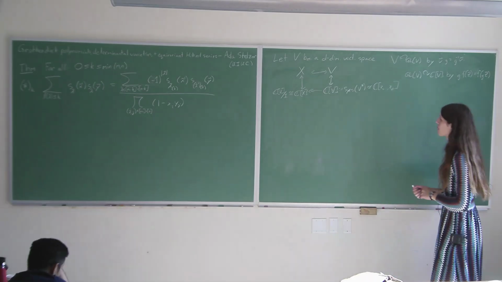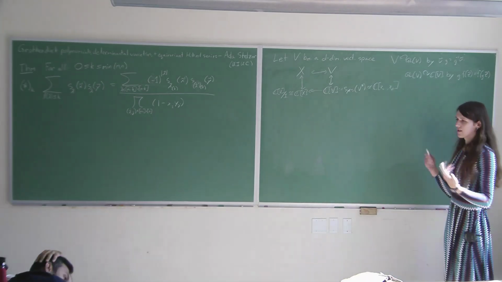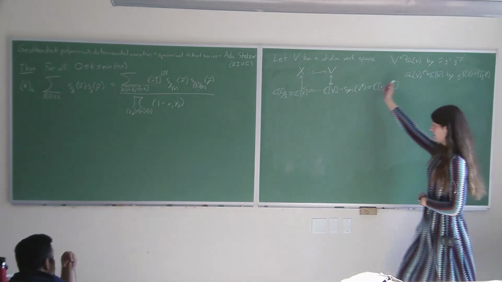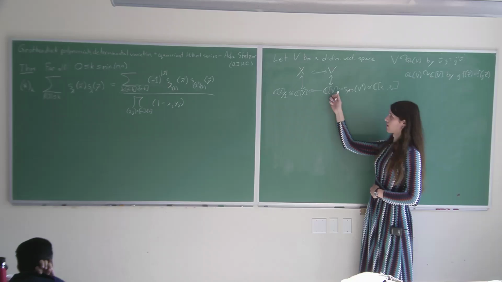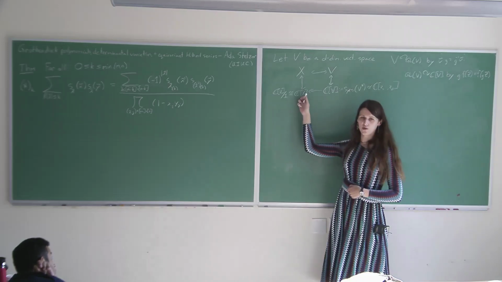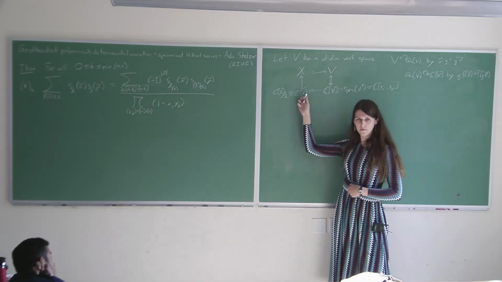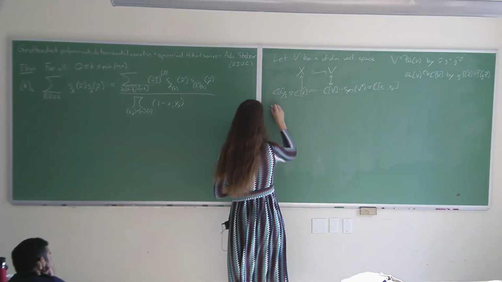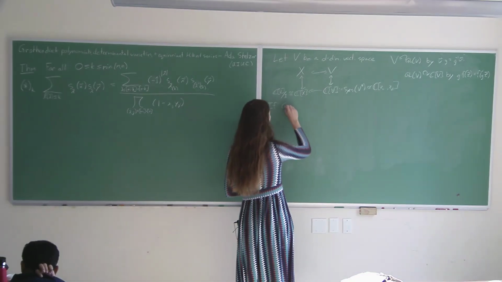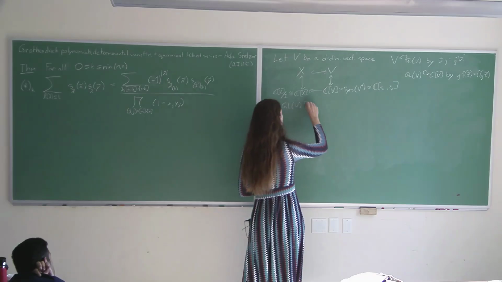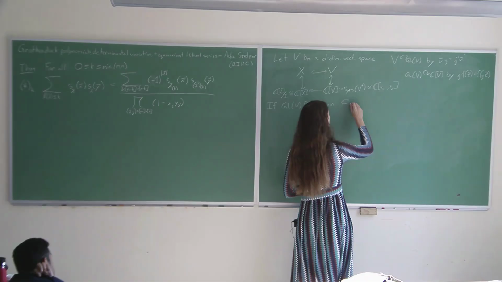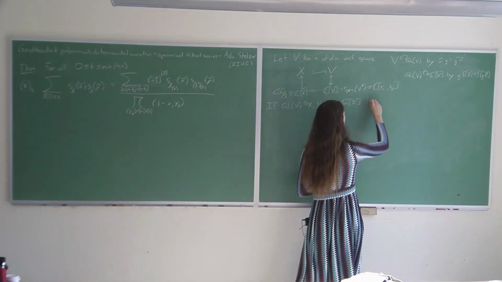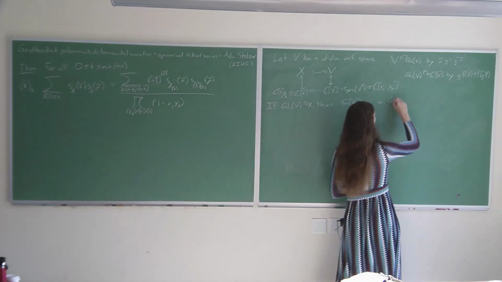And so as soon as that happens, if you have a GL action on X, then the GL action on the coordinate ring here will descend to a GL action on the coordinate ring here. So if GLV acts on X, then the coordinate ring C adjoin X is a GLV representation.